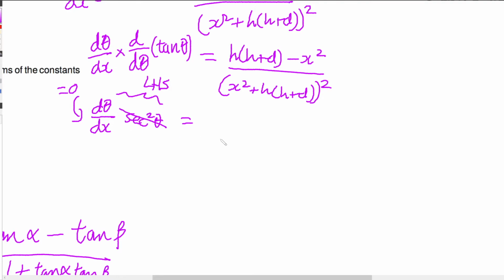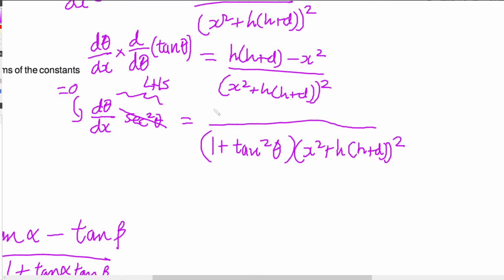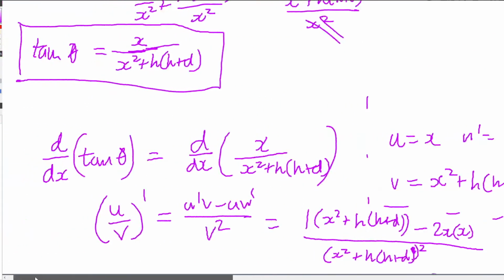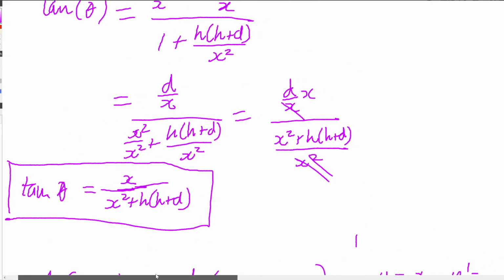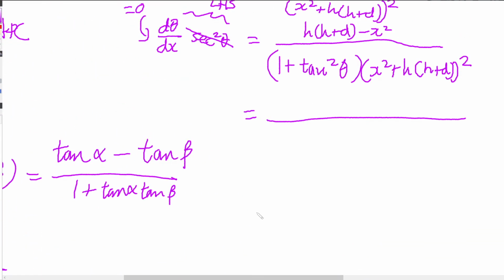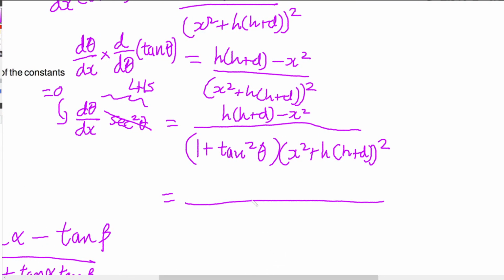So if this goes to the bottom here as 1 plus tan squared theta, and tan theta were x over x squared plus h times h plus d. I've realized what happened.